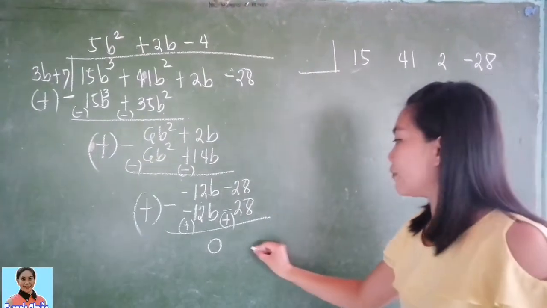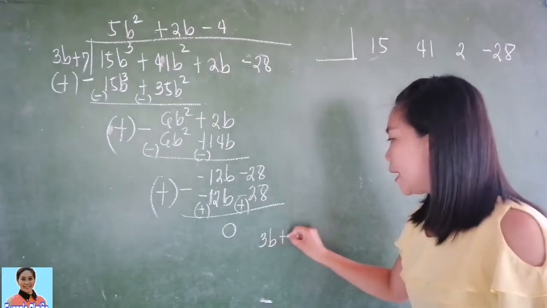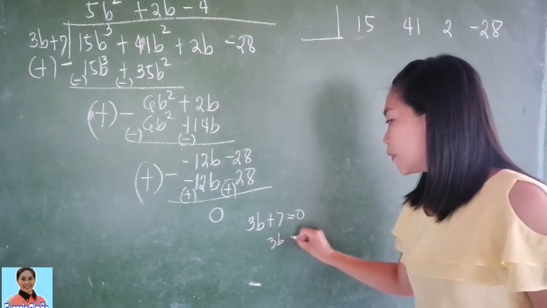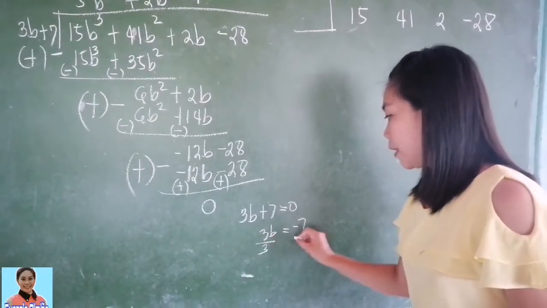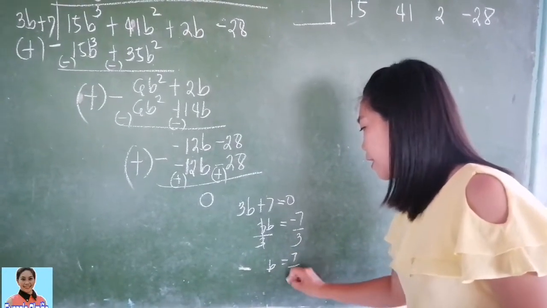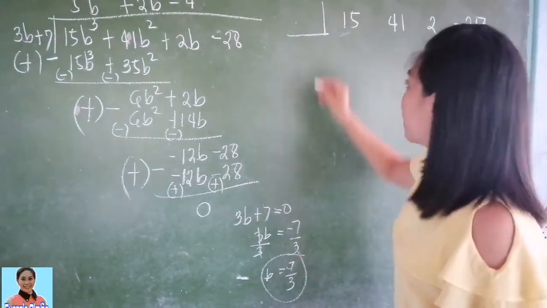3b plus 7. So dito na lang po na isisingit ko 3b plus 7 is equal to 0. 3b is equal to negative 7. Divide both sides by 3. Now, our divisor will be negative 7 over 3.